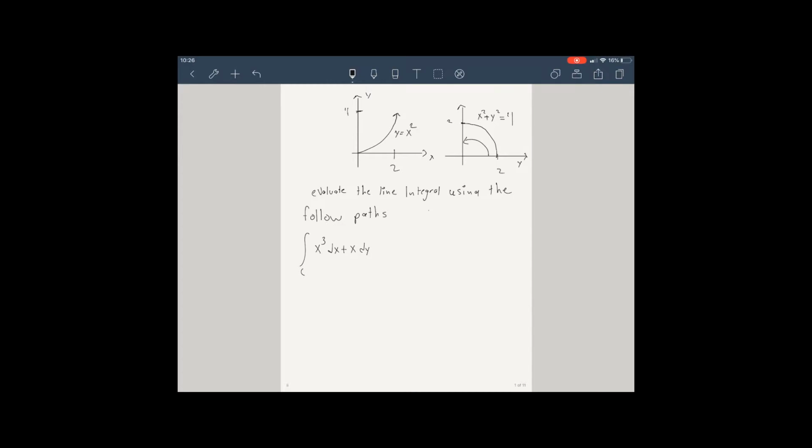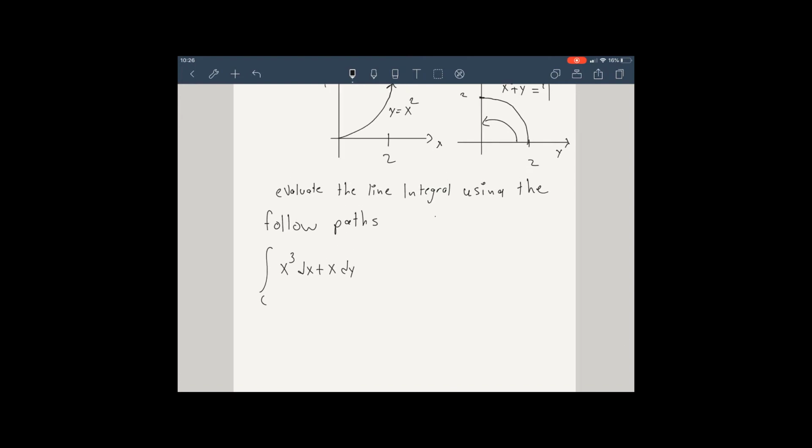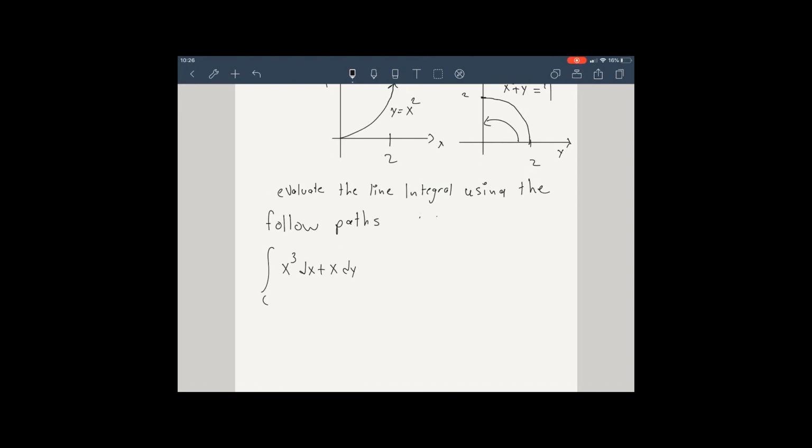So starting with y is equal to x squared, my first step is to parameterize the graph. I could do so by letting t equal x, then y is equal to t squared.